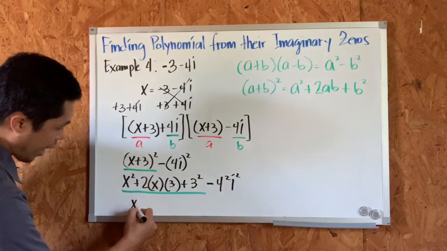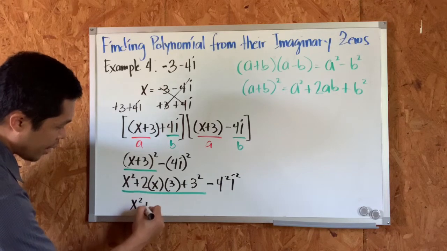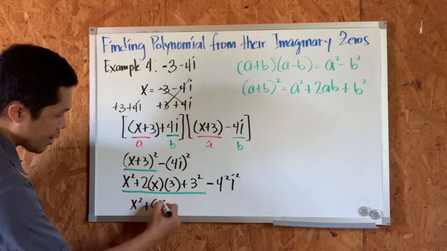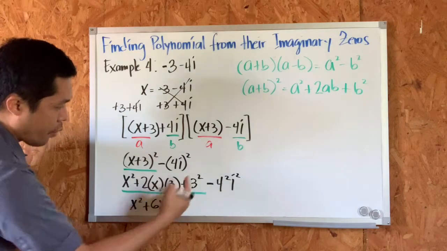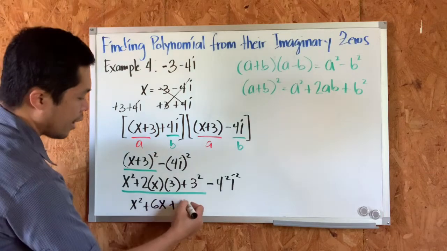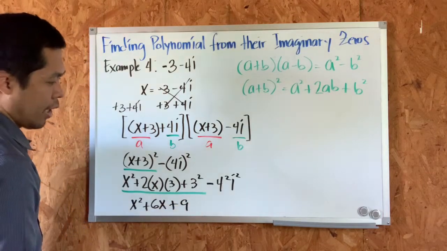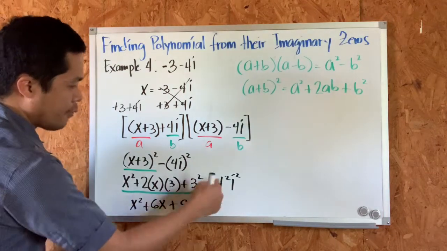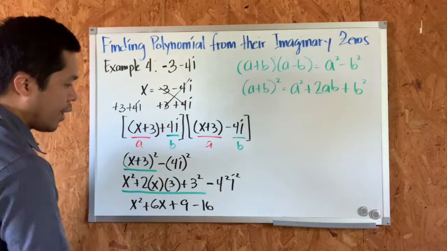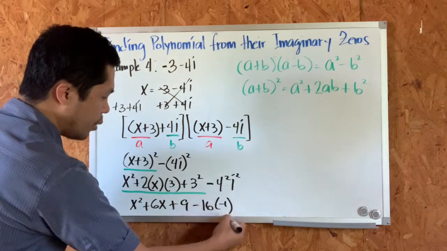This is equal to x squared plus 2 times x is 2x times 3 is 6x. 3 squared is not 3 times 2, it's 3 times 3, and that is equal to 9. Minus 4 squared, that's 4 times 4, and that is equal to 16. And i squared is equal to negative 1.